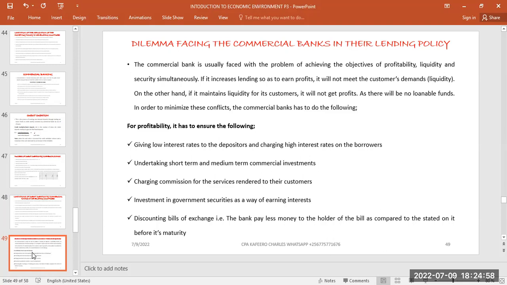How do they discount it? If the bill of exchange was 10 million, they give you 9.5. When they give you 9.5, they remain with a difference of 500,000, and that 500,000 becomes their interest.